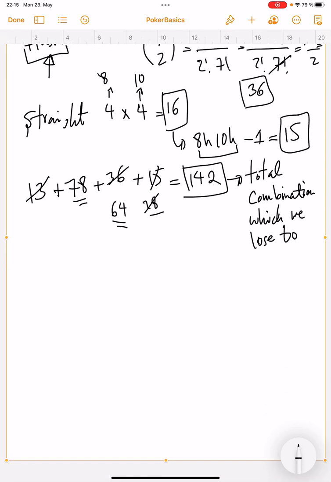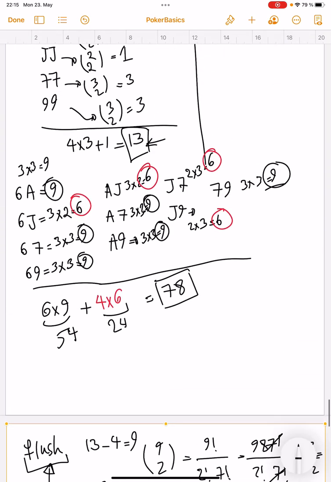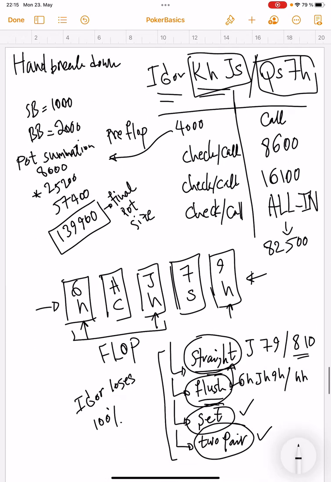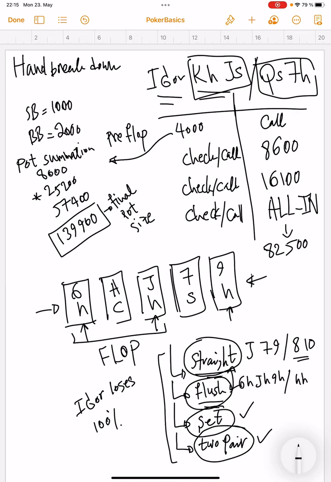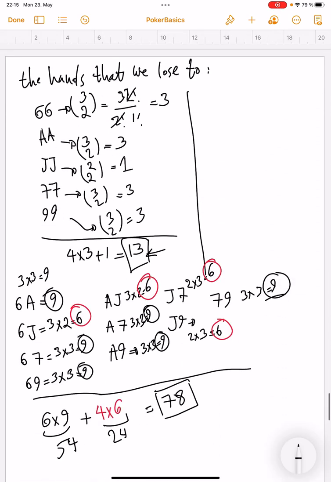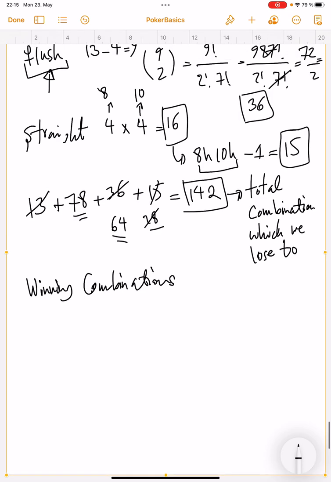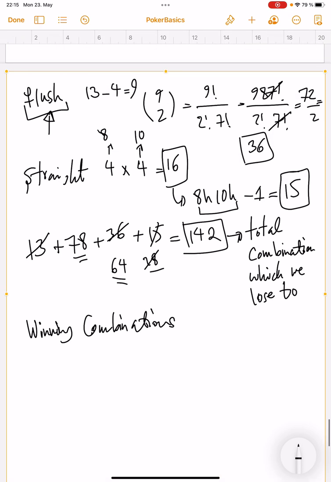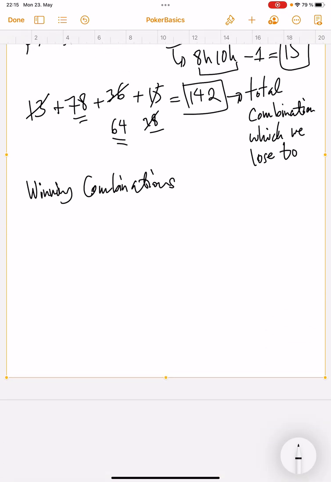Now we want to gather the winning combinations for ourselves. I know this is a very tedious example that I've picked, but I just want to give you the idea. When you want to make a tough decision to call an all-in situation, you need to know about the combinations that you are losing to, and the combinations that you are winning against.